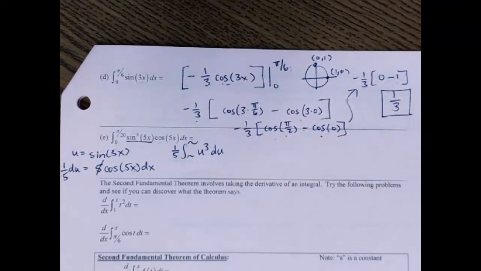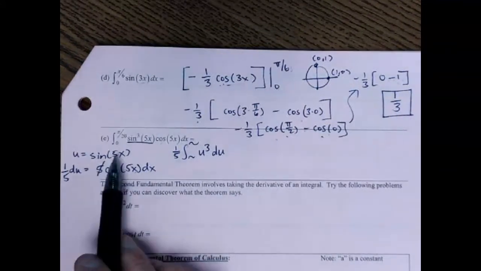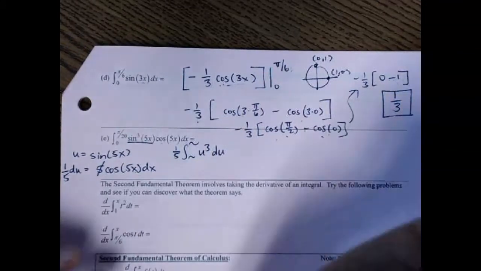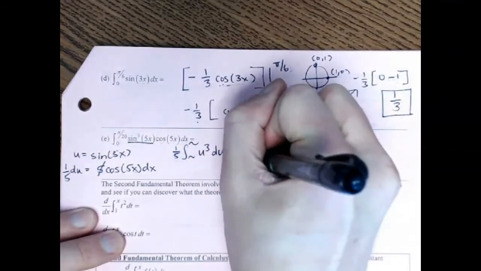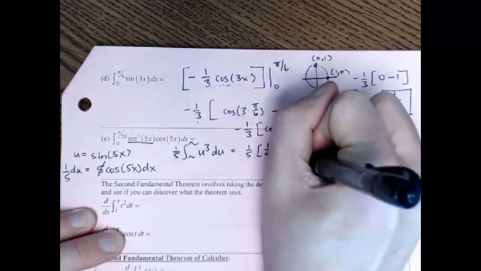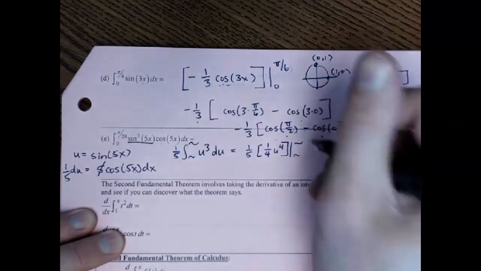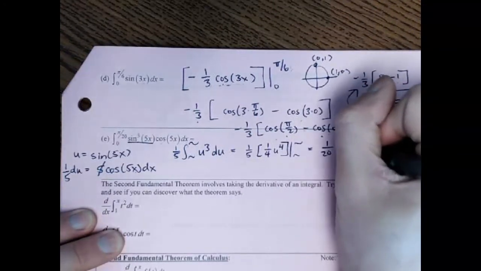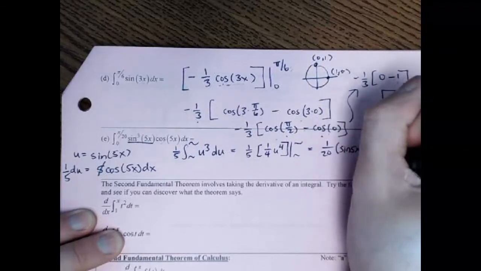I could find the squiggles if I wanted to, by just plugging in the x values, but I'm just going to do the squiggles. Okay, integrating, we would have 1/4 u to the 4th. Then I'm going to reverse substitute, so I've got 1/20, and then I'm going to have sine of 5x to the 4th power.